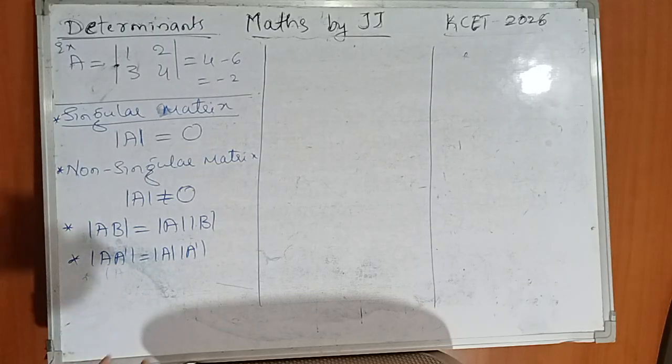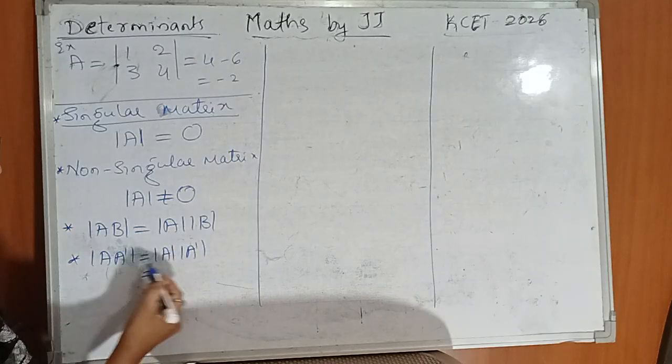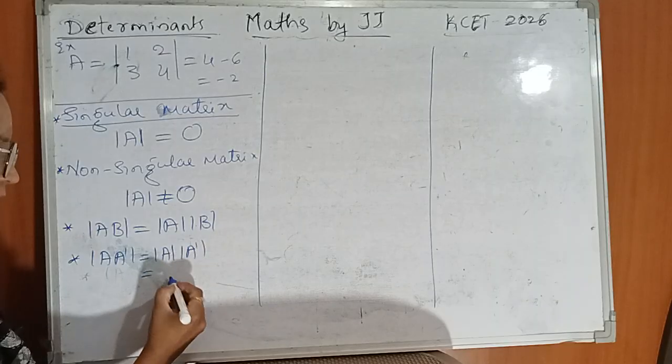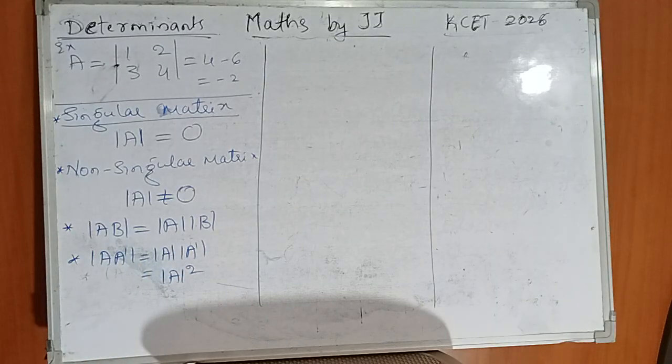A dash is nothing but the transpose of matrix A. So basically determinant of A and determinant of A dash both will be the same. So you can write this as determinant of A the whole square.